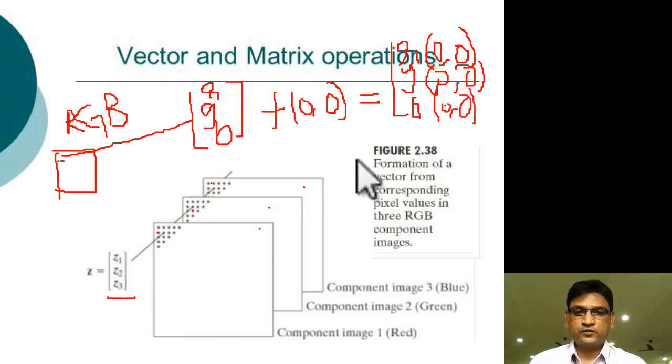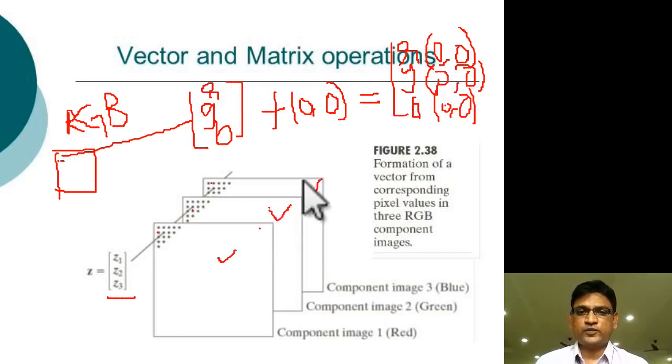Here we have represented them as z1, z2, z3, so z1 of 0, comma 0, z2 of 0, comma 0, and so on. This is a red plane image, this is a green plane image, and this is a blue plane image. These are the vector operations that we have to apply for multispectral images.